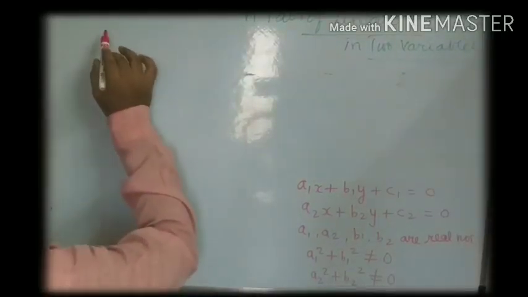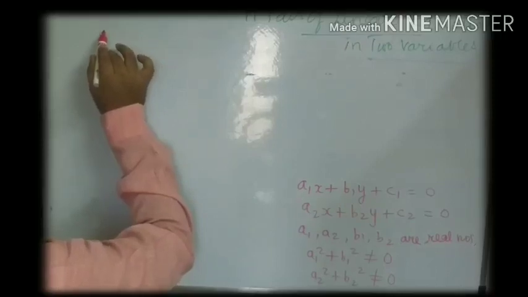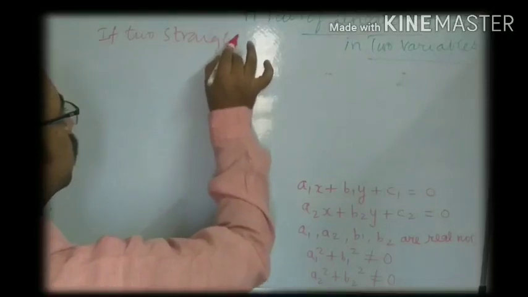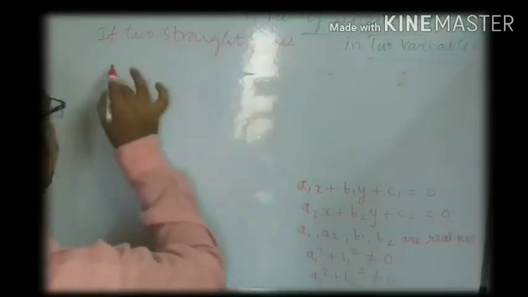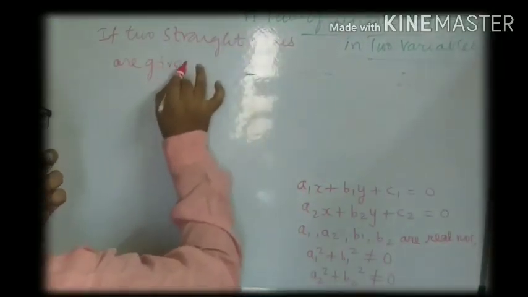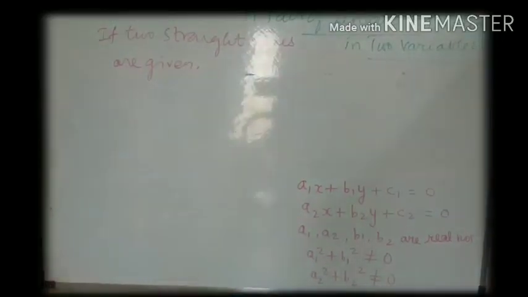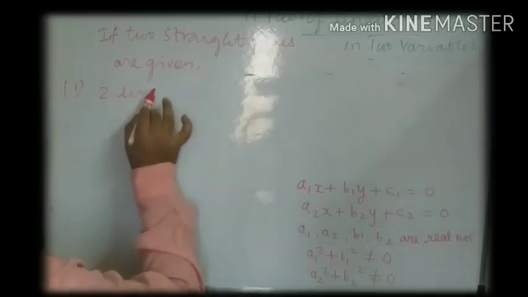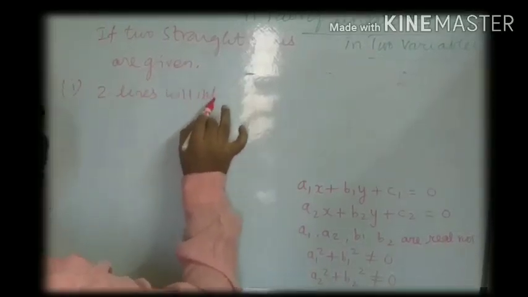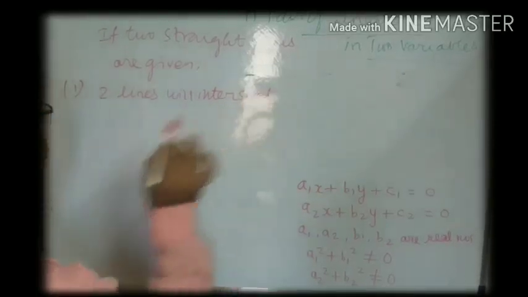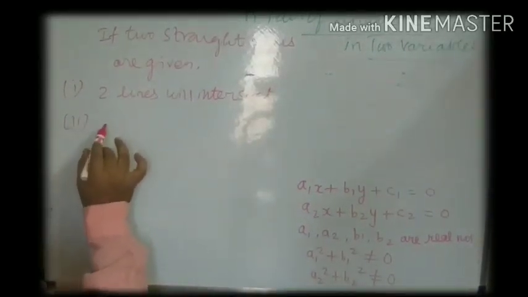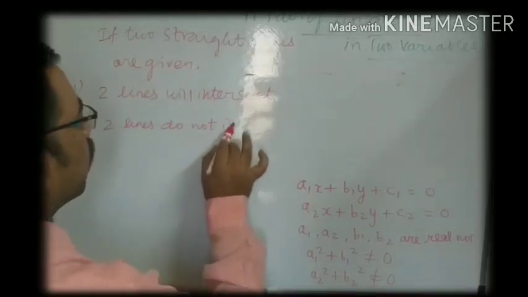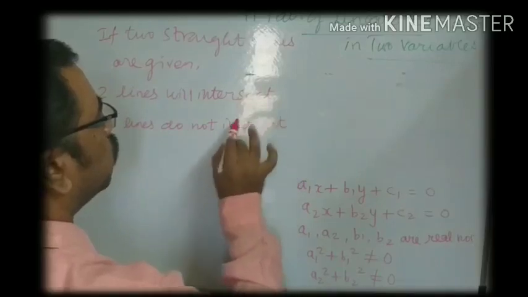We also know, as you have learnt in class 9, that if two straight lines are given in a plane, the following situations can happen. Either the two lines will intersect, or two lines do not intersect.